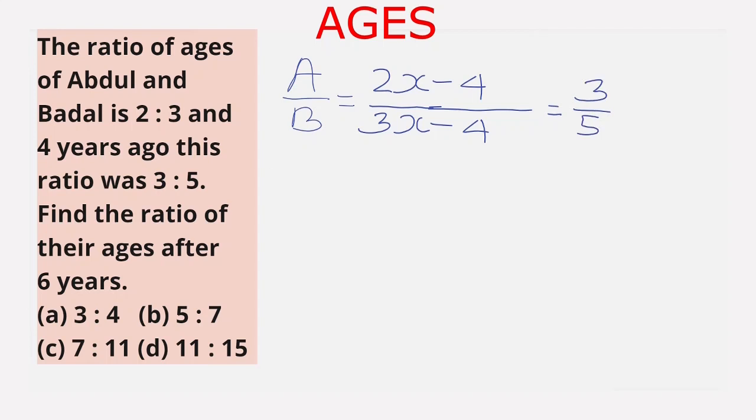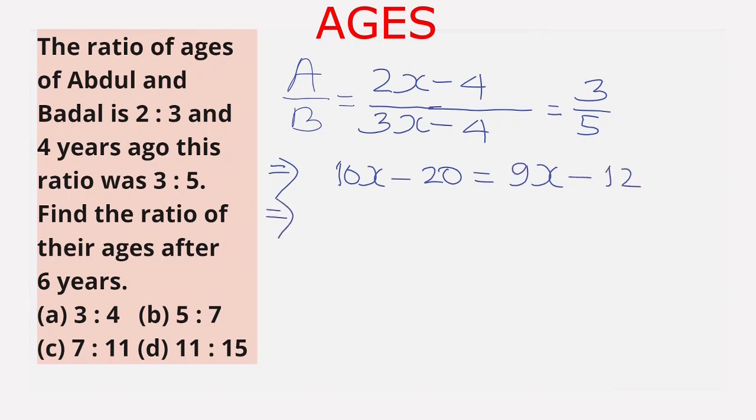Now I solve this for x to find the present age of Abdul and Badal. So 5 times 2x is 10x, minus 5 times 4 is 20, is equal to 3 times 3x is 9x, minus 4 times 3 is 12.